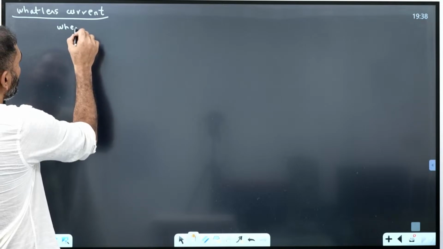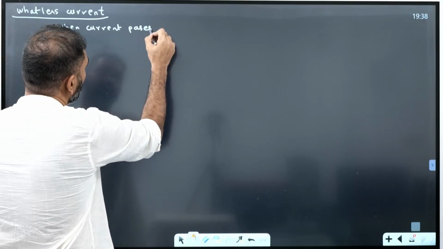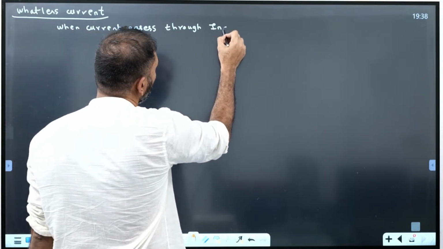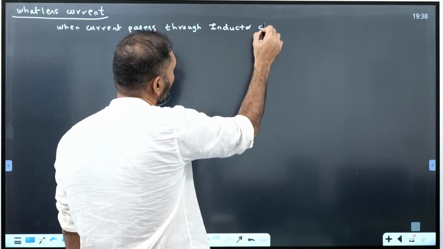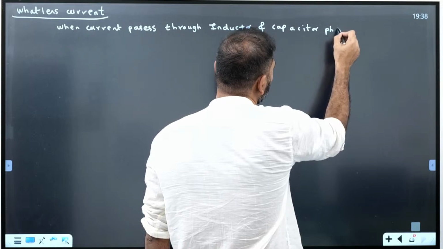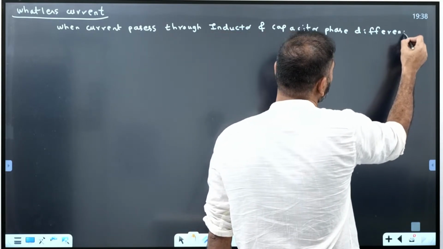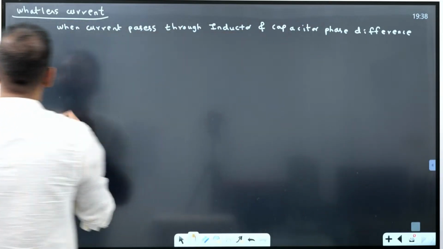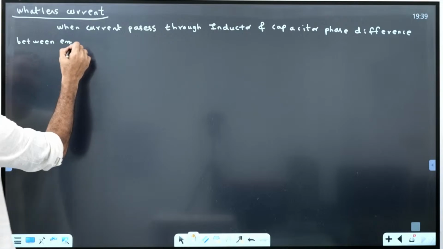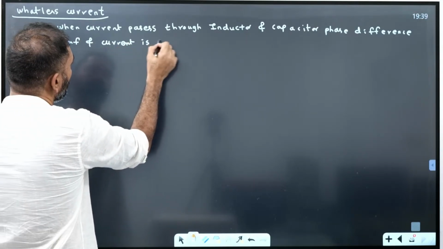When current passes through inductor and capacitor, phase difference between EMF and current is 90 degree.